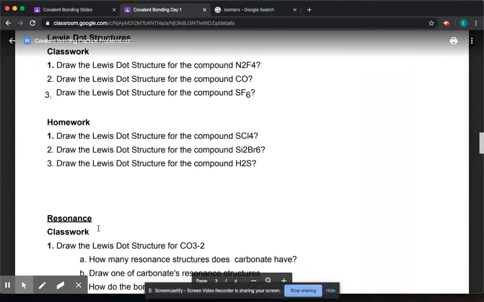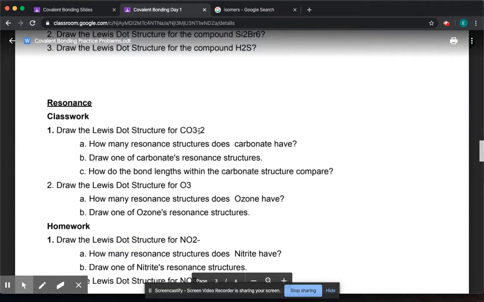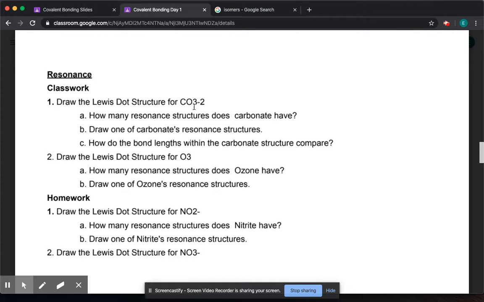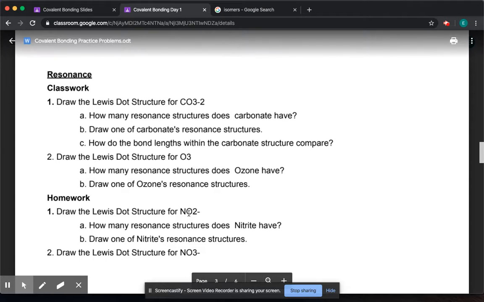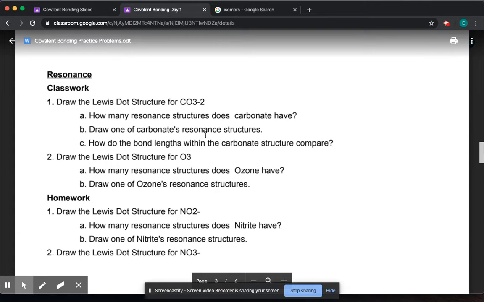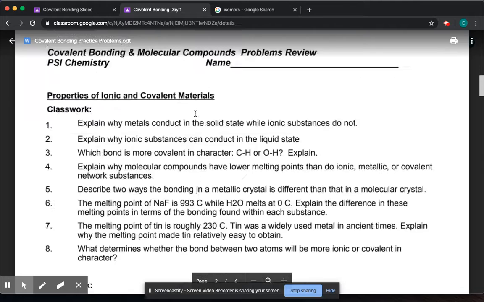So the minus is not like a dash 2. It's a minus. So this is CO3. That 3 should be its subscript. The -2 should be superscript, okay? Same thing here. So this is NO2 -1, and that's NO3 -1. Okay, so this is CO3 -2.